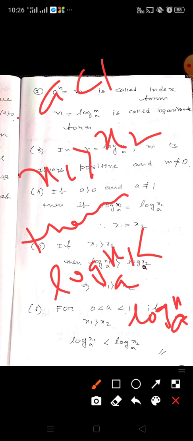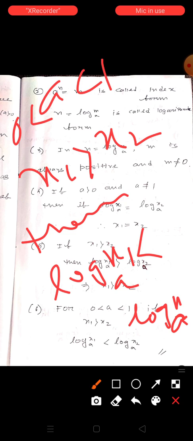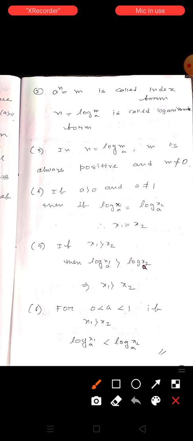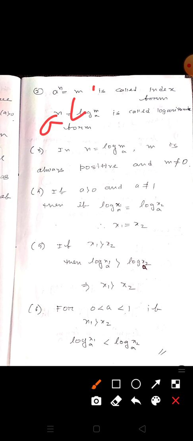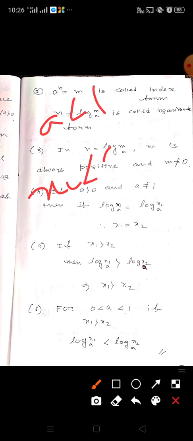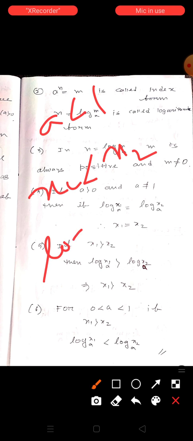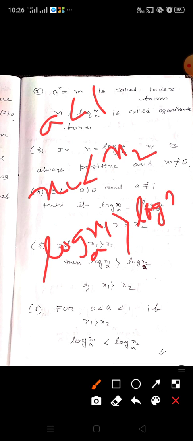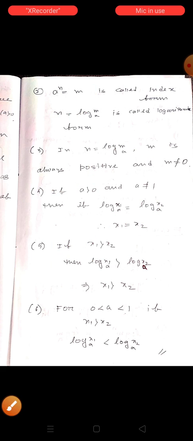And the converse is also true: if a is less than 1 and x1 is less than x2, then log of x1 to the base a is greater than log of x2 to the base a.